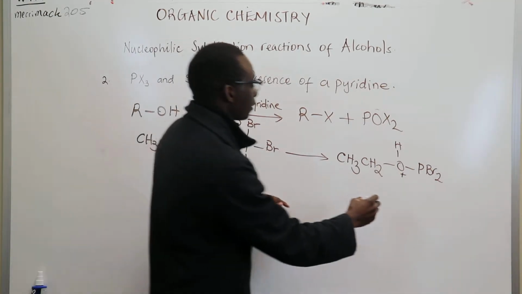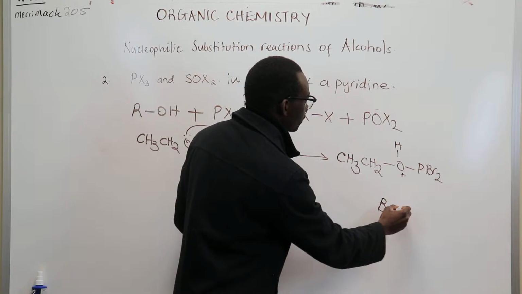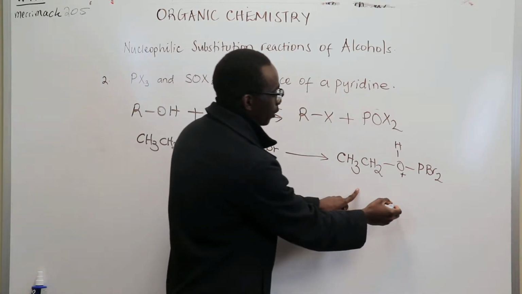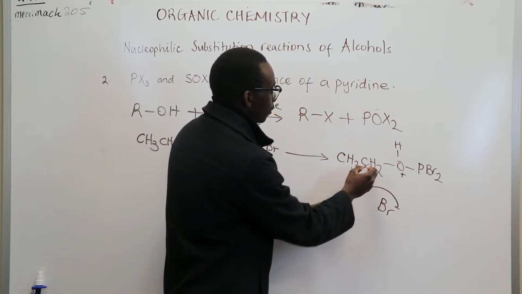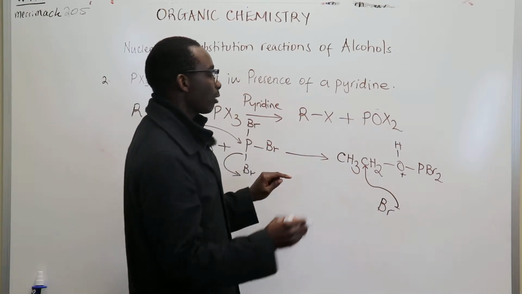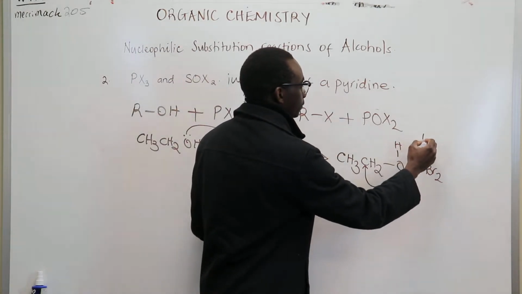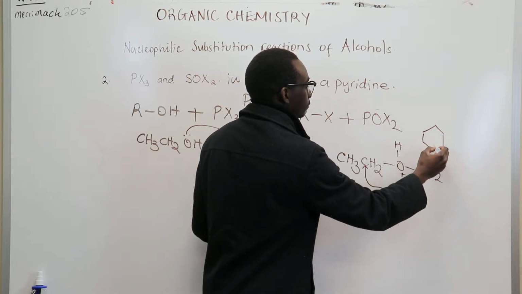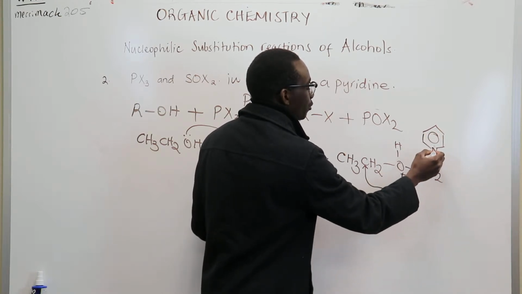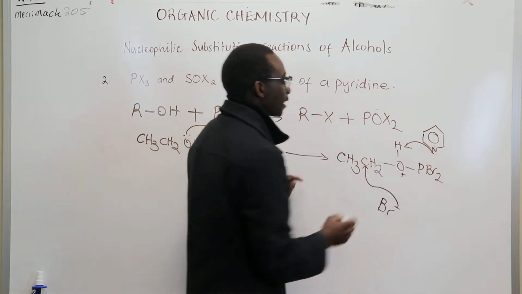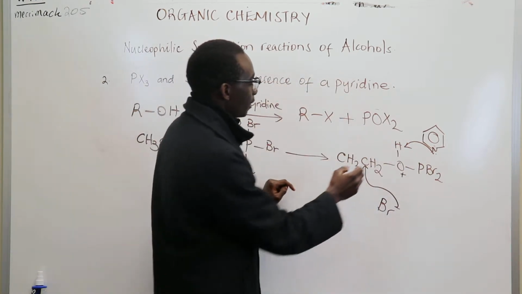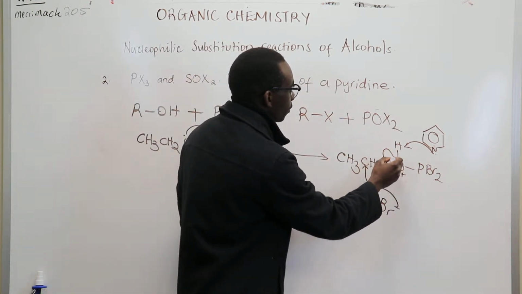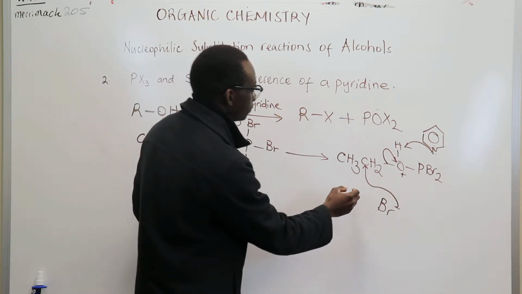So the Br minus will come and do a backside attack on this carbon, and our pyridine will come and attack this hydrogen, and this bond will break off in favor of the oxygen.